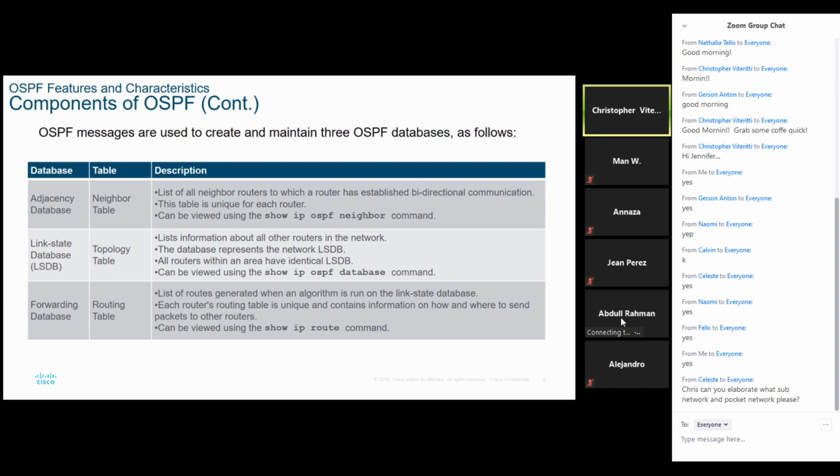Now, you would want to convert to type 1 if you have more than one exit point for the network. In other words, if you have two ASBRs that have two separate links to external networks, you would want to use the lowest cost path to leave the network. Okay? So you would convert to a metric type 1 on the ASBRs.